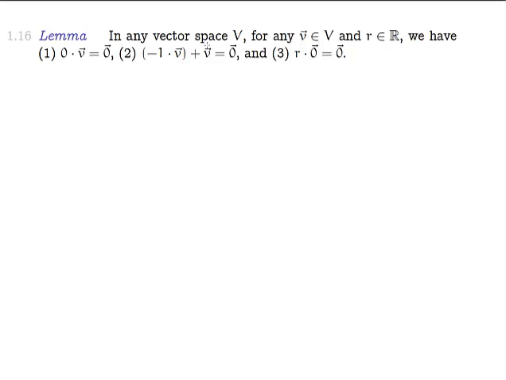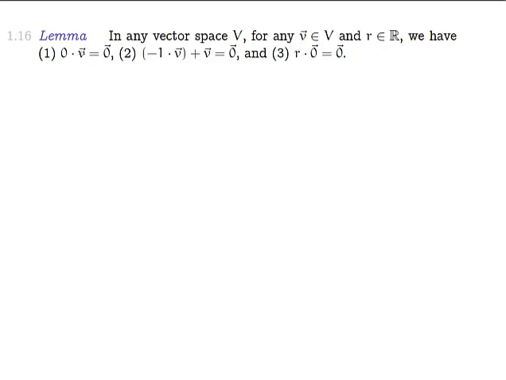Okay. In any vector space V, for any vector v in V and any real number r, we have that 0 times v is 0, minus 1 times v is the additive inverse of v, and r times the 0 vector is 0. So we can actually prove these from properties that we've already proven. Now these are things that you intuitively think should be true.